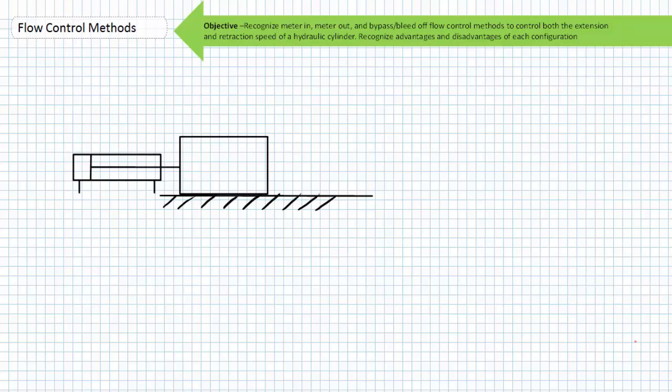Is it truly cost effective to have multiple sets of hardware controlling both extension and retraction speed when one would suffice? I don't know. The necessities of the process determine this. If you need to accurately control both actions, you're stuck with buying, installing, and maintaining more equipment. Let's say your industrial process requires equal extension and retraction speeds.